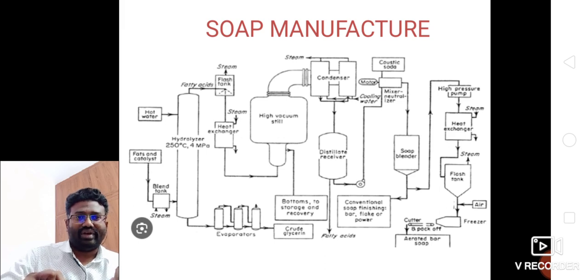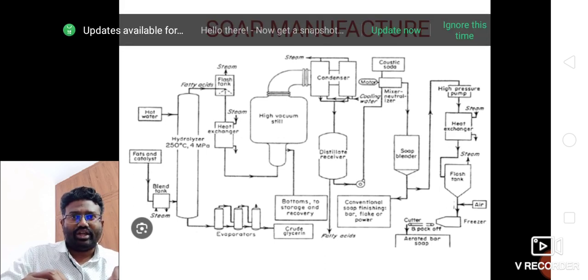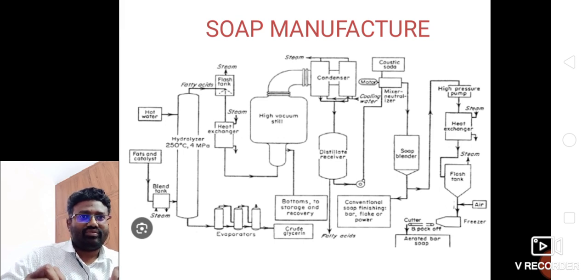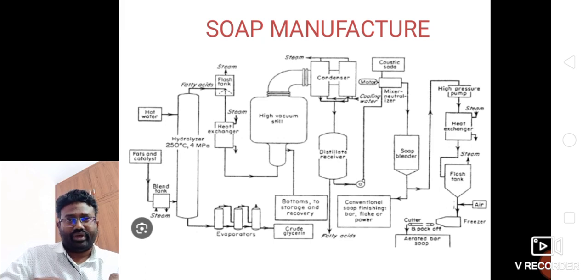Molten fat and water are introduced continuously into opposite ends of the column. Fatty acids and glycerin are simultaneously withdrawn. Next, the fatty acids are distilled under vacuum to effect purification. They are then neutralized with an alkali solution such as sodium hydroxide, that means caustic soda, to yield neat soap.